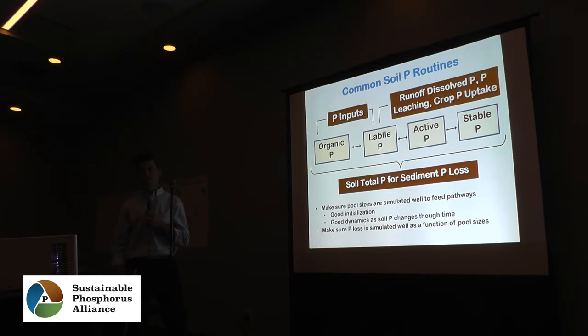Today I'm going to talk mostly about the inorganic pools. You have a labile inorganic phosphorus pool. That is what is feeding the crop uptake, like Chad talked about, your dissolved phosphorus loss in runoff, and any dissolved P that's leaching, like Kevin was talking about. That's the pool that's going to feed those pathways.